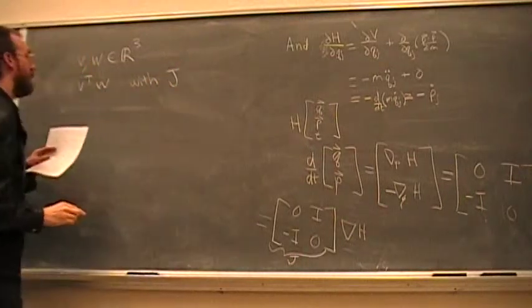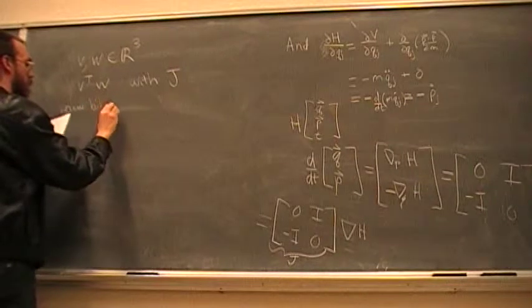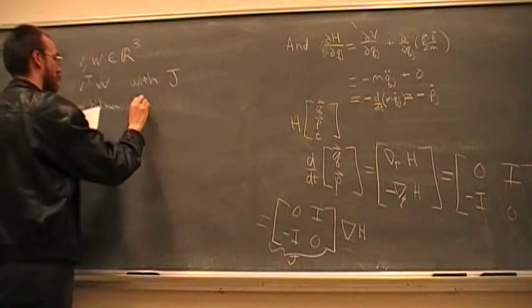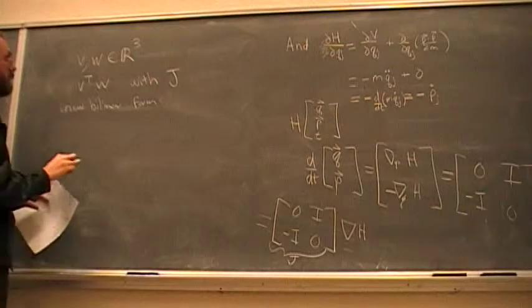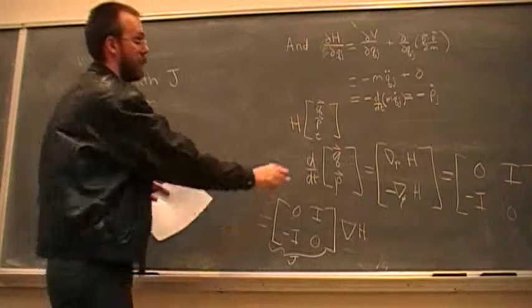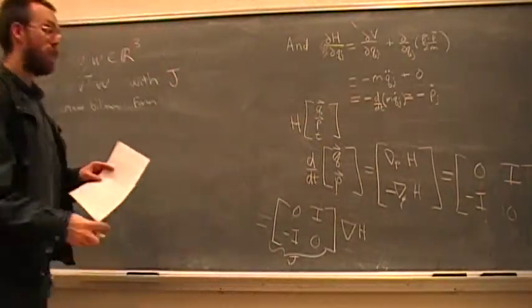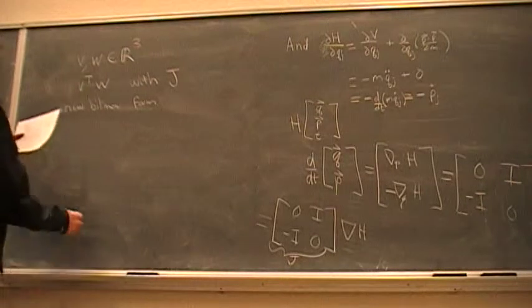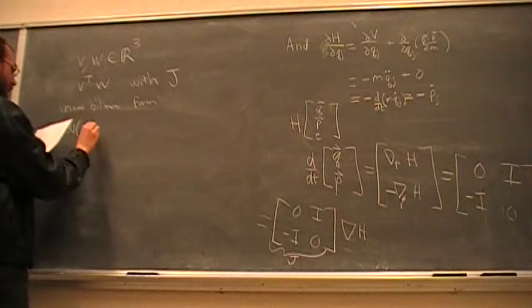With the J, we can define a new bilinear form. For this bilinear form, you'd want to take vectors that are not just ordinary 3 vectors, but compositions. The first 3 components are Q, the 4th, 5th, and 6th components are P. We call this form omega.